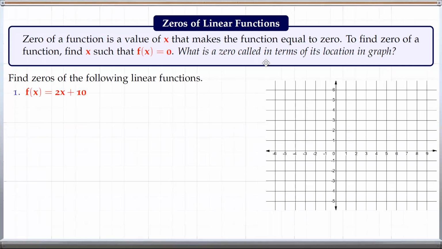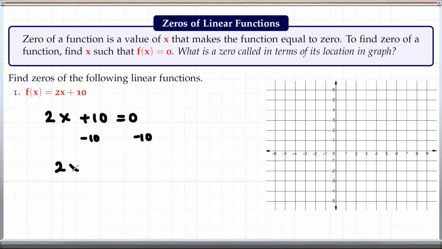So here we are given the function f of x equals 2x plus 10, and we want to find zero of this particular function. So all we need to do is set this function equal to zero. So 2x plus 10 equal to zero, and subtract 10 from both sides.